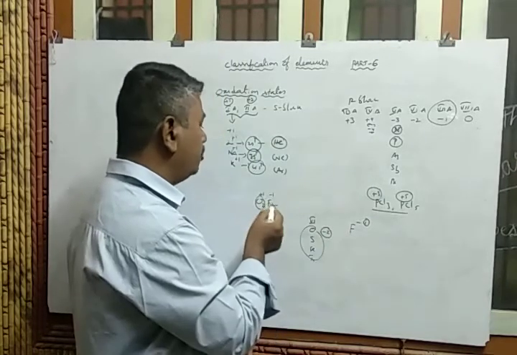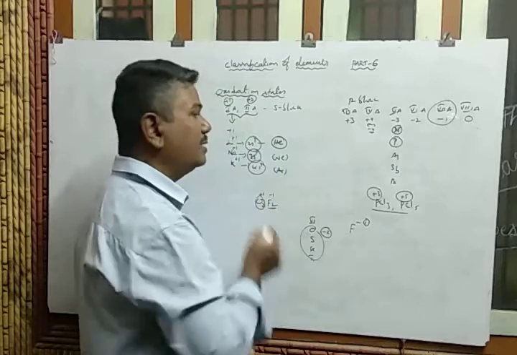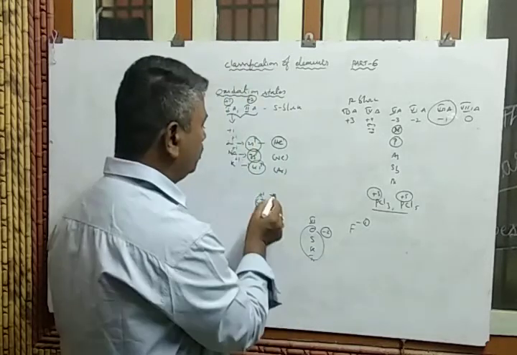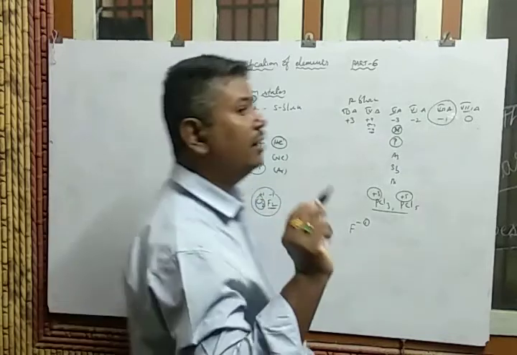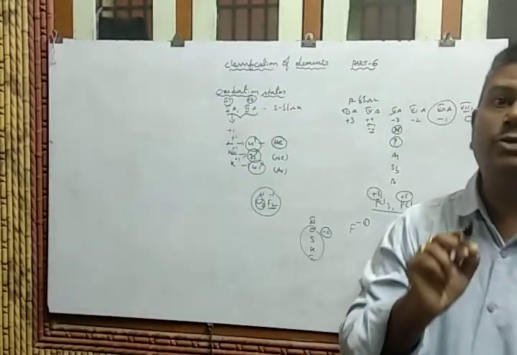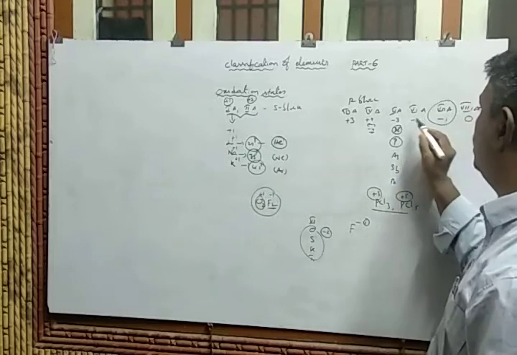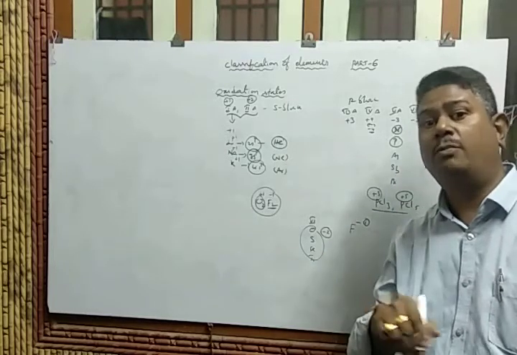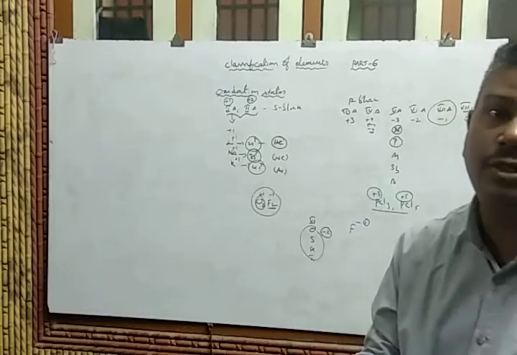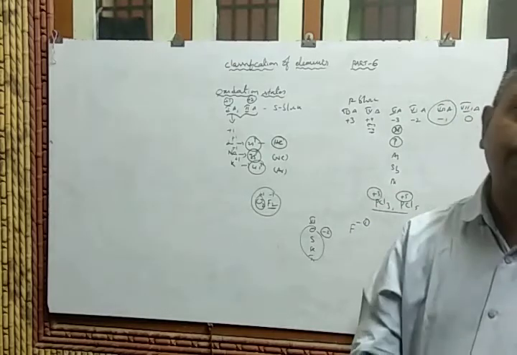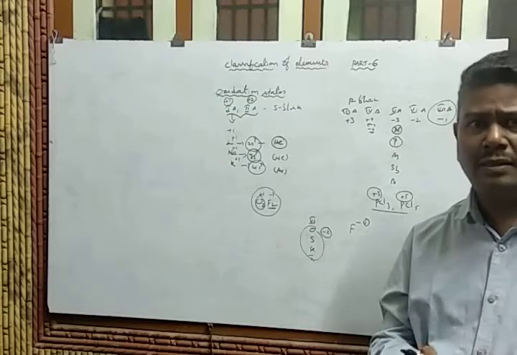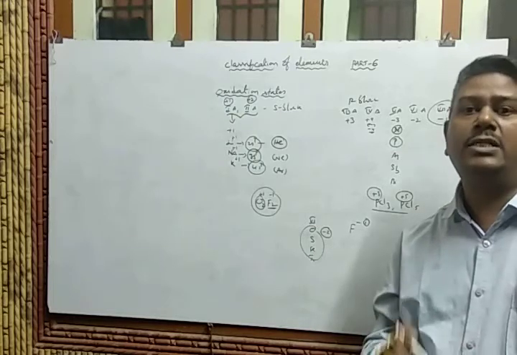So while fluorine combines with oxygen, the oxygen shows a positive oxidation state. So you conclude that fluorine always shows a negative oxidation state, that is -1 only. But the remaining elements can exhibit positive as well as negative oxidation states. And one more thing here, the oxidation number does not exceed its group number.